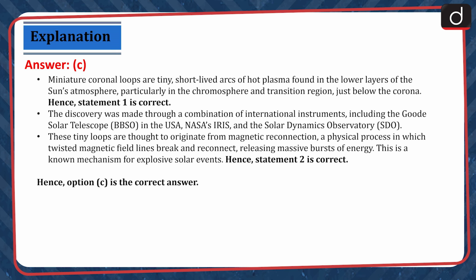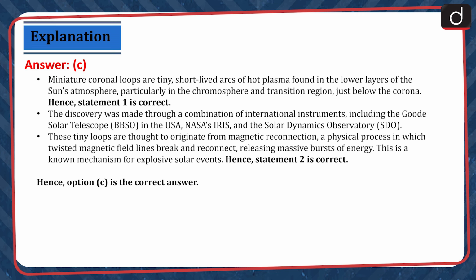Miniature coronal loops are tiny, short-lived arcs of hot plasma found in the lower layers of the sun's atmosphere, particularly in the chromosphere and transition region just below the corona. Hence, statement 1 is correct. The discovery was made through a combination of international instruments, including the Goode Solar Telescope in the USA, NASA's IRIS, and the Solar Dynamics Observatory.